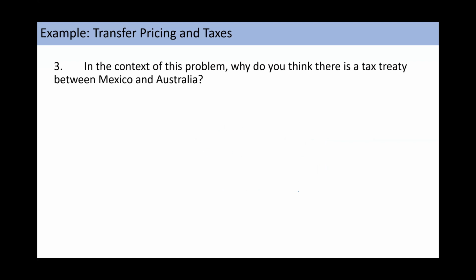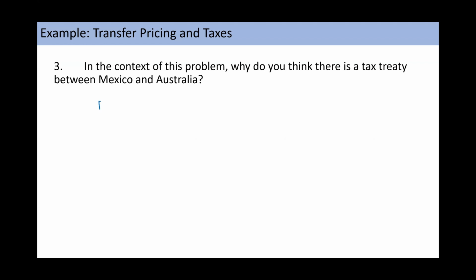So in the context of this problem, why do you think there is a tax treaty between Mexico and Australia? Well, the government of each country is not stupid. They know that there are some opportunities for companies to shift profits to a lower tax jurisdiction. So the countries came together to set a tax treaty to limit profit shifting by companies.